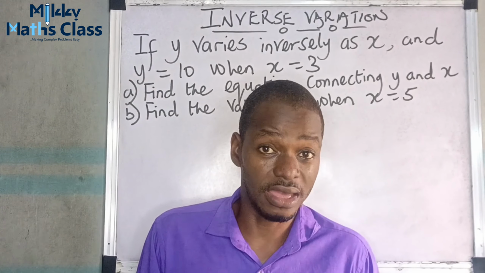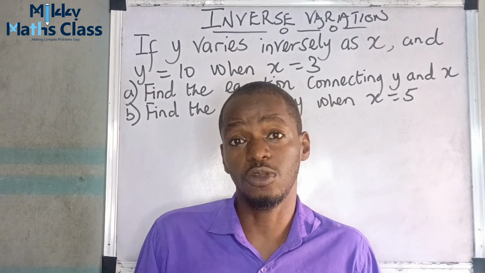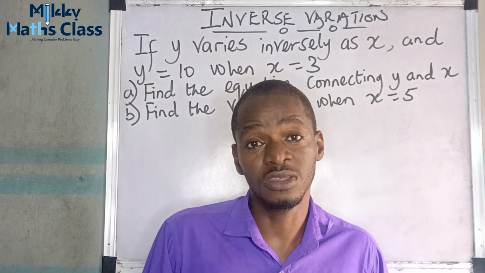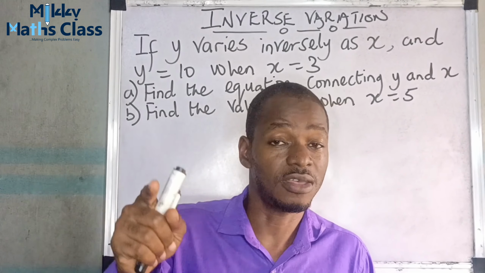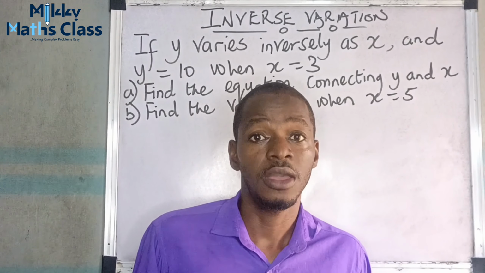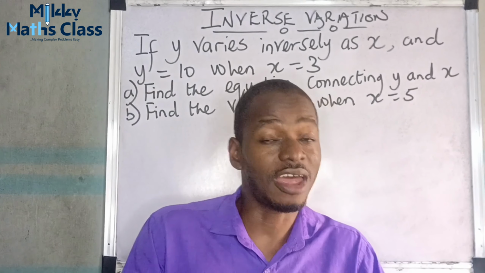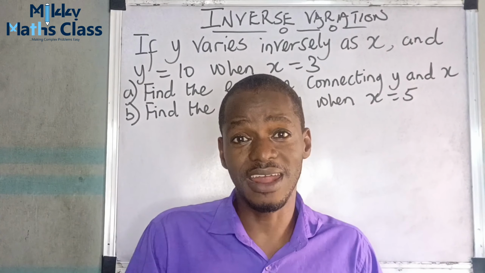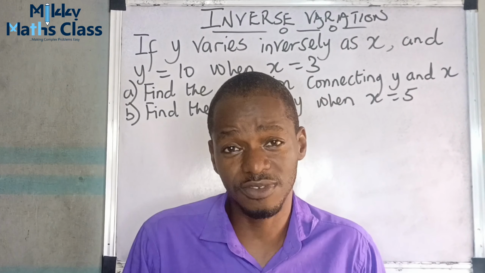So for example, if I'm moving at 60 kilometers per hour and the journey takes 1 hour, for the same distance, if I increase the speed, I will get there in less time. But if I reduce the speed and drive slowly, it will take more time to arrive at my destination. So that's inverse variation.